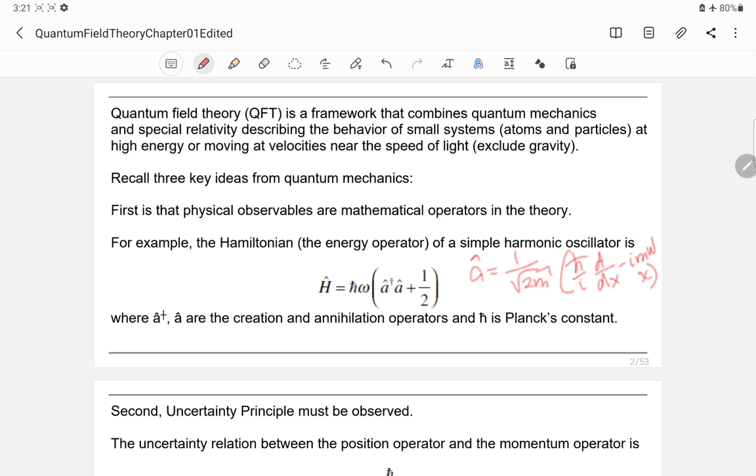So the adjoint would just be the complex conjugate of that.